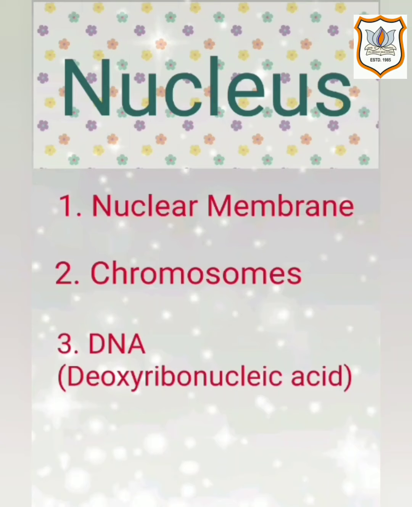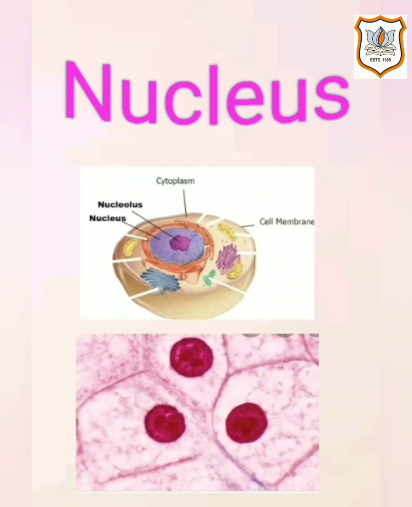Whenever the cell is about to divide, the chromatin material gets organized into chromosomes. So construction and organization of the cell is possible with the help of DNA. And we can say the nucleus plays a central role in cellular reproduction, the process by which a single cell divides and forms two new cells.